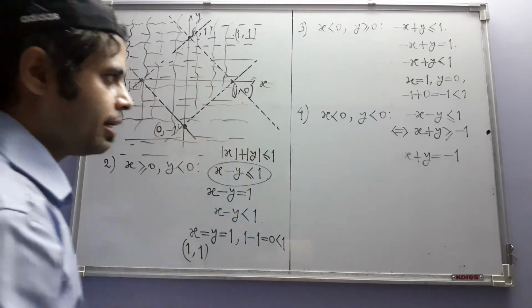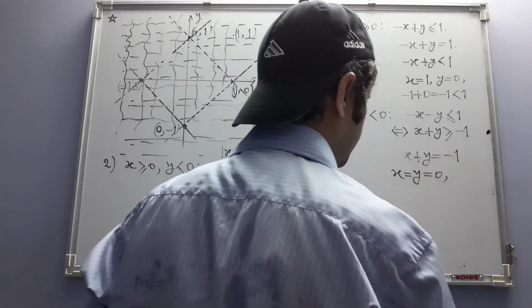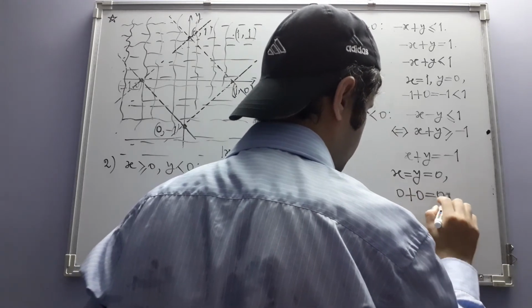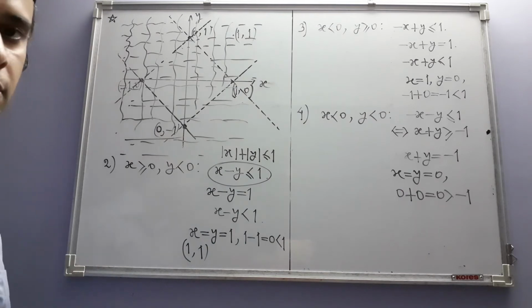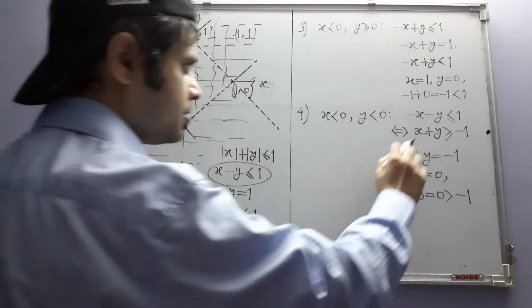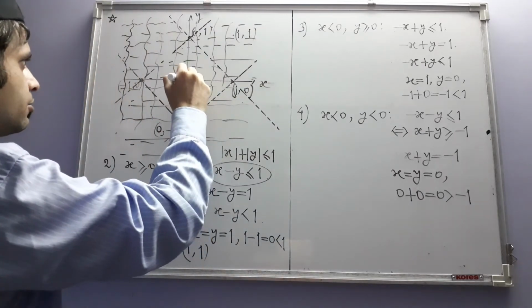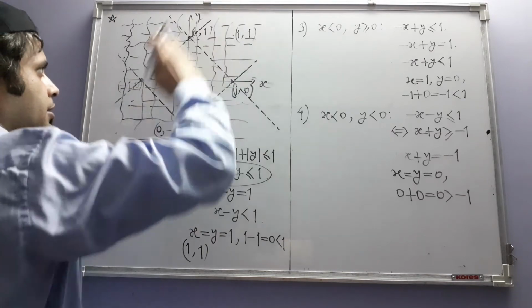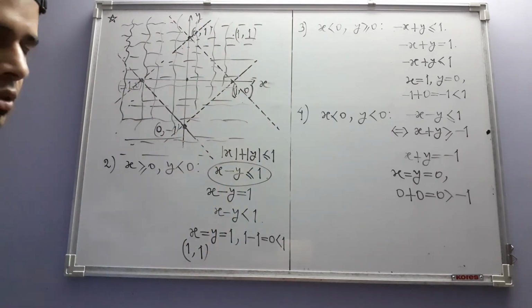And you can see that if you put x equal to y equal to 0, then 0 plus 0 is 0. This is greater than minus 1. So 0 comma 0 is a point that satisfies this inequality. And 0 comma 0 is here. So for this line also, we have to consider the points above it along with the points on the line of course.